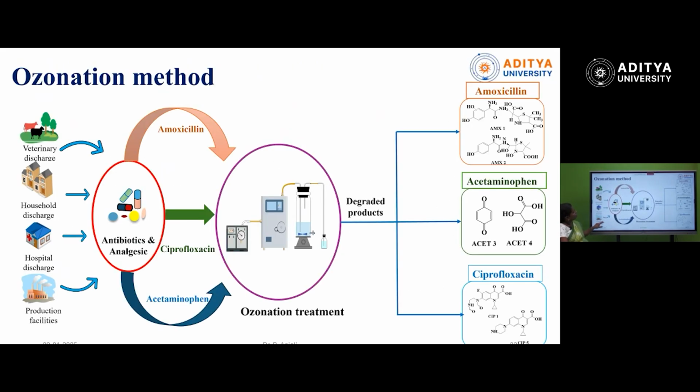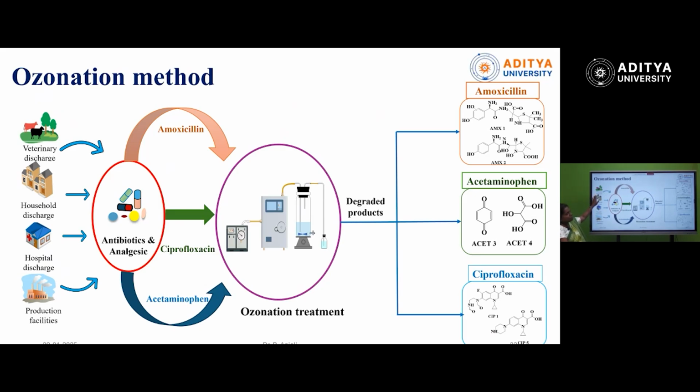Okay, so far I have said why we chose these species, the antibiotic, analgesic, and so on. Now, how to remove them? Here I used the AOP process. You can remember the AOP flow chart I showed, right? Different classes or combinations are there, and among these I have chosen the ozonation method.